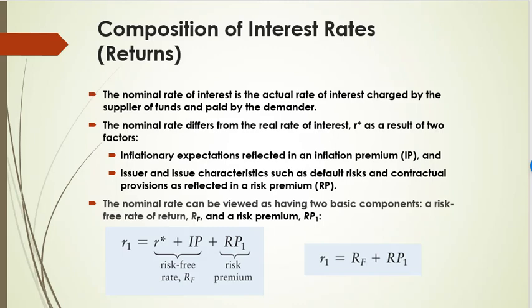So how can we explain this composition, or illustrate it in the form of a formula? The nominal rate of interest is the actual interest rate that's charged by the supplier of funds. And all interest rates can be decomposed, if you will, into some parts.